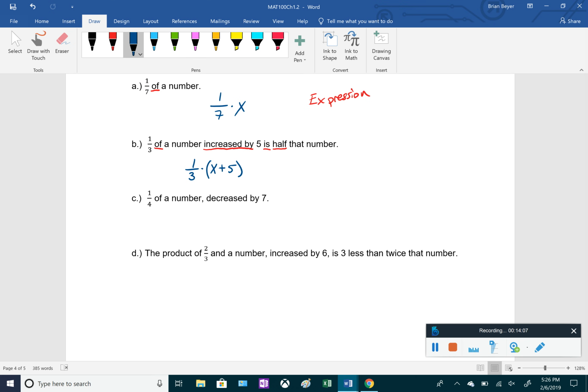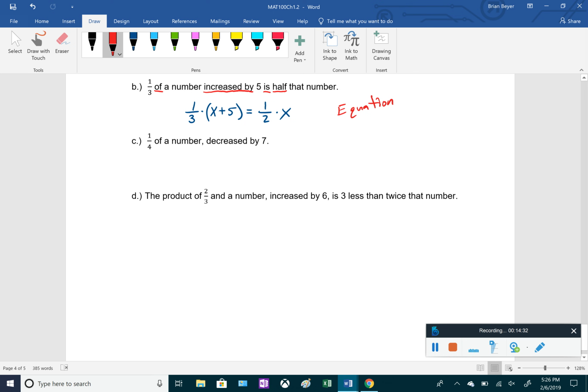So we need parentheses around the x plus 5. And then we'll see in the next one what the difference is. So 1/3 of a number increased by 5 is equal to half of that number. So 1/3 times (x plus 5) equals 1/2 x. And this is an equation because we have an equal sign.